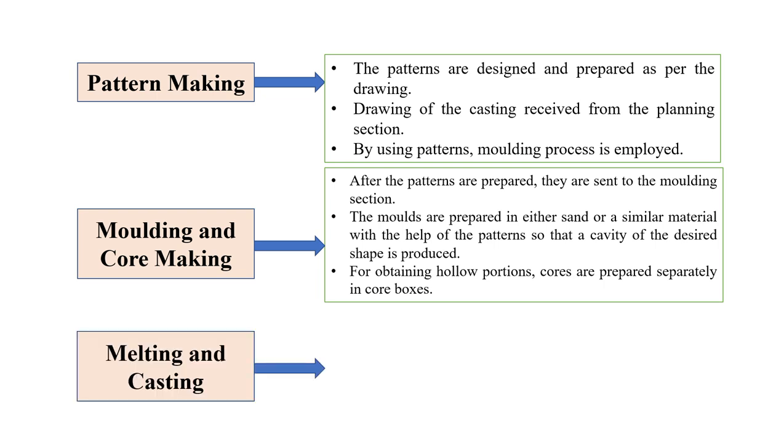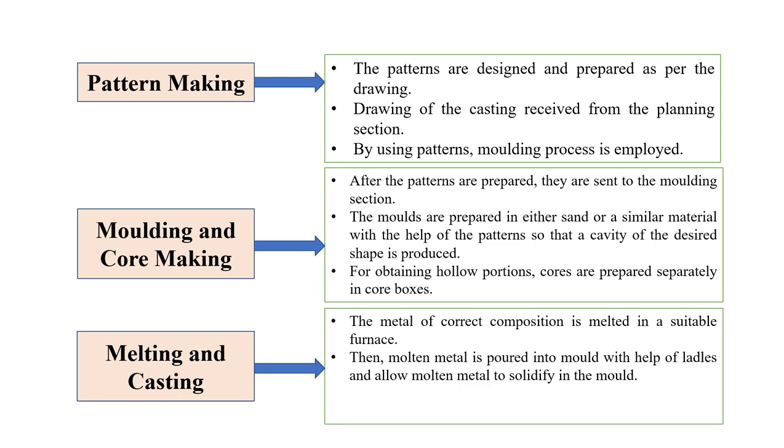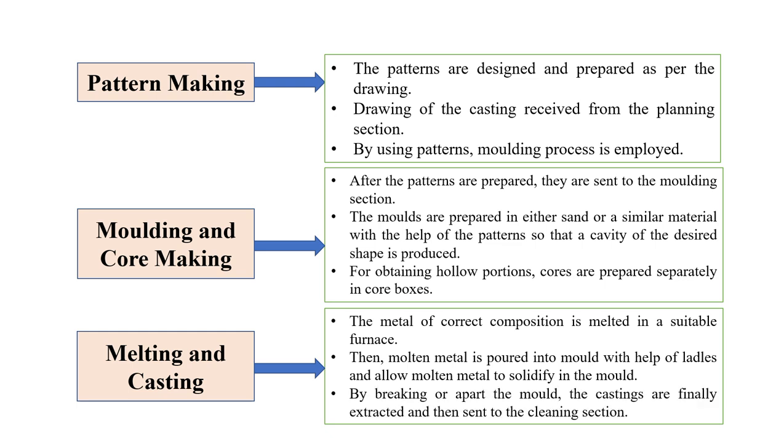In the melting and casting sections, the metal of the correct composition is melted in a suitable furnace. Then the molten metal is poured into the mold with the help of a ladle and allowed to solidify in the mold. By breaking or taking apart the mold, the castings are finally extracted and then sent to the cleaning section.